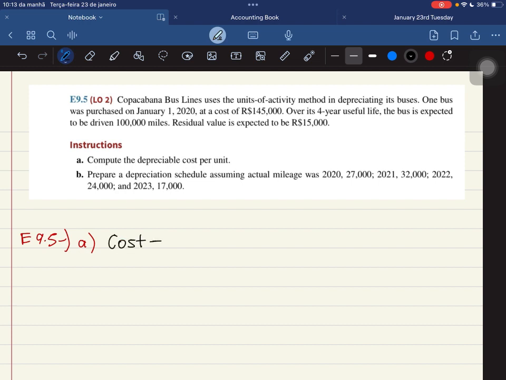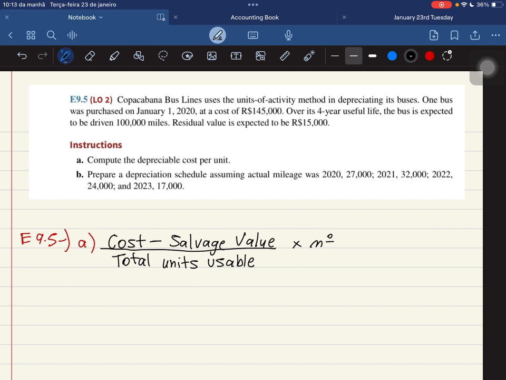So the formula for the units of activity depreciation method is the original cost minus the salvage value, and you might also see it written as residual value. In this case they wrote residual value. And then we're gonna divide that by the total units usable. So it can be miles, it can be kilometers, it can be whatever unit that you're using, because you're going to have different kinds of things, right?